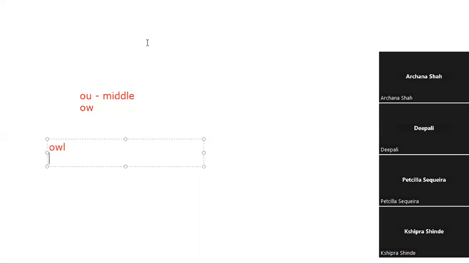If you have OU sound before the letter L, N, or D, then also it will be OW. So either in the starting of the word, if you have OU sound like in owl, or if you have OU sound followed by L, N and D, then it is OW. Can you give examples of OW words? So out is an exception.